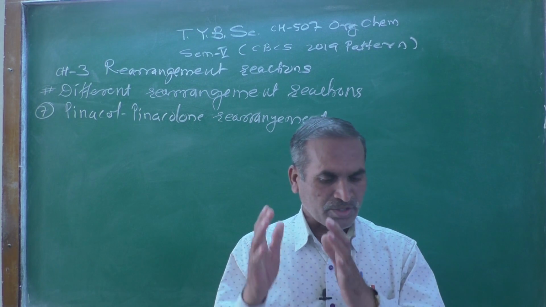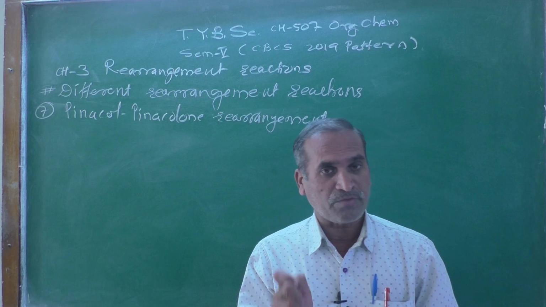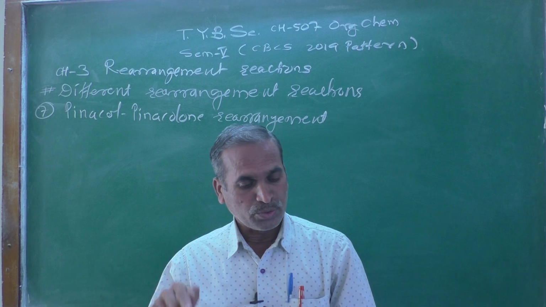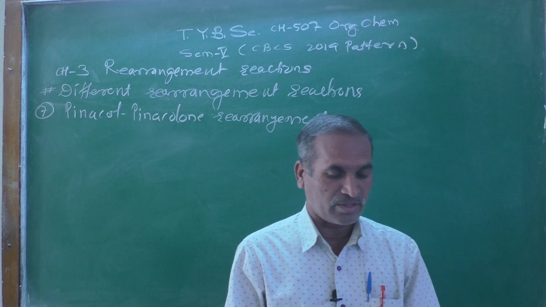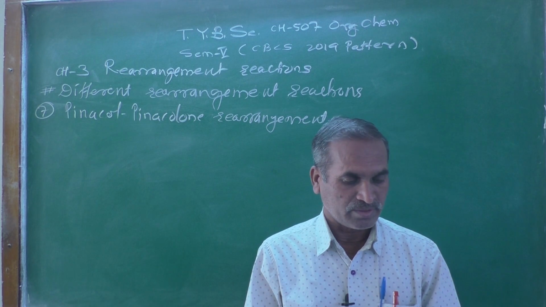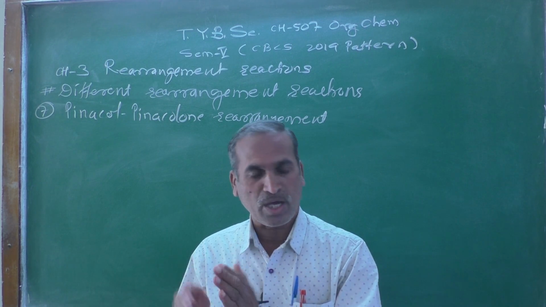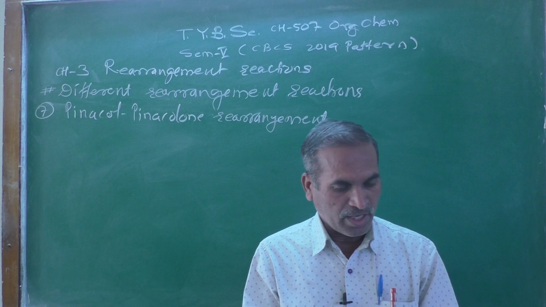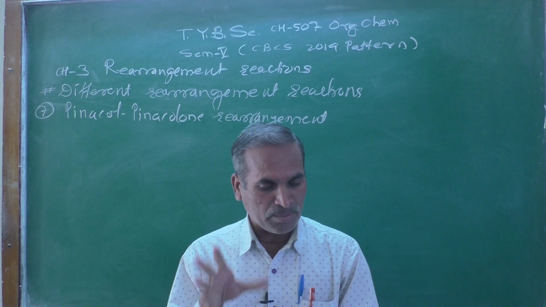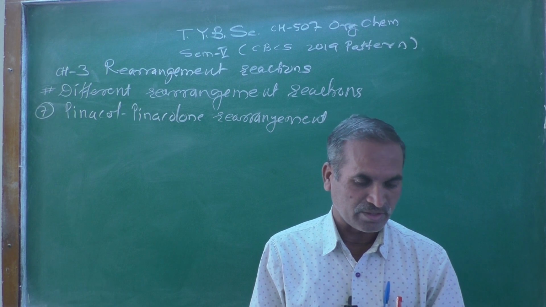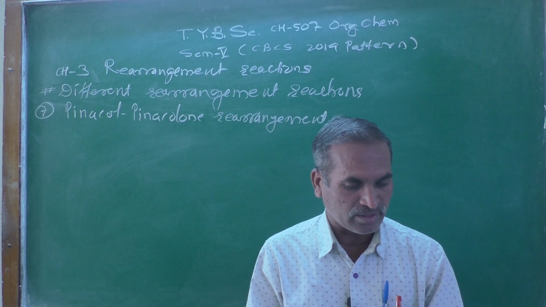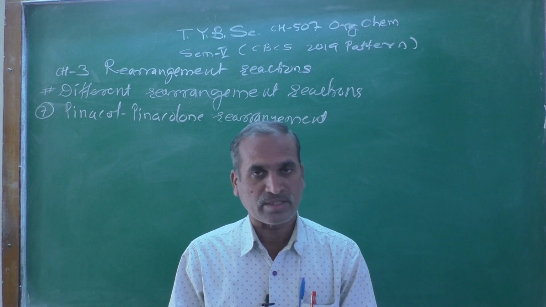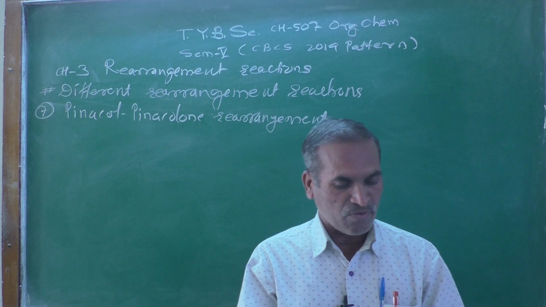Long back in 1860, the German chemist W.R. Fittig observed that when 2,3-dimethylbutane-2,3-diol, commonly known as pinacol, is treated with hot 30% sulfuric acid, 3,3-dimethyl-2-butanone, commonly known as pinacolone, is formed.